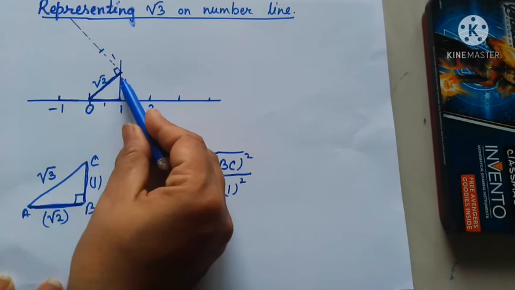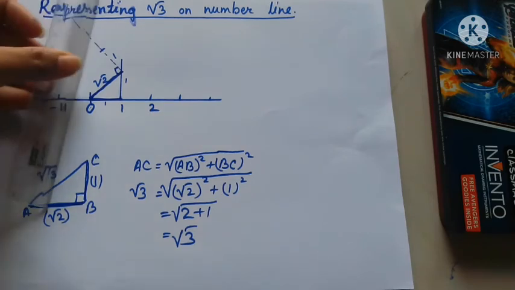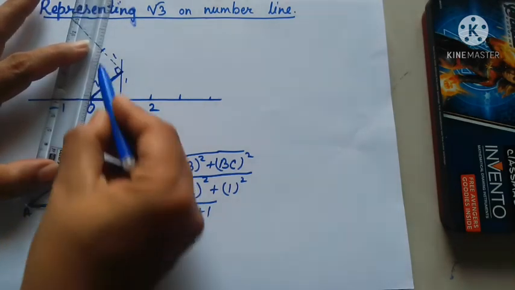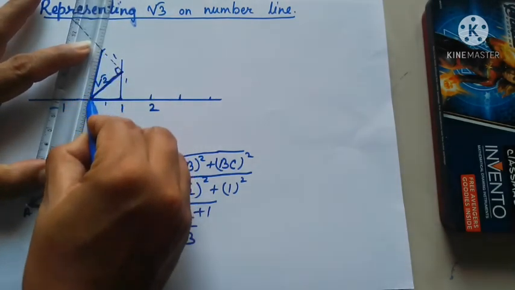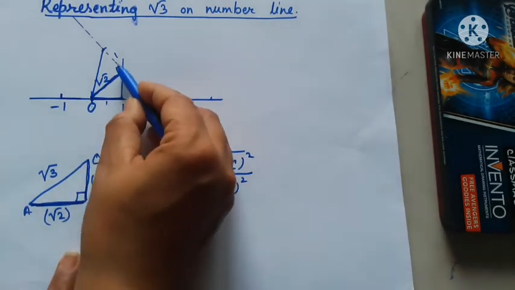This is root 2 and this is 1. Now just join to get the hypotenuse for your right angled triangle. Just join it with the origin. So this is your hypotenuse for this triangle.